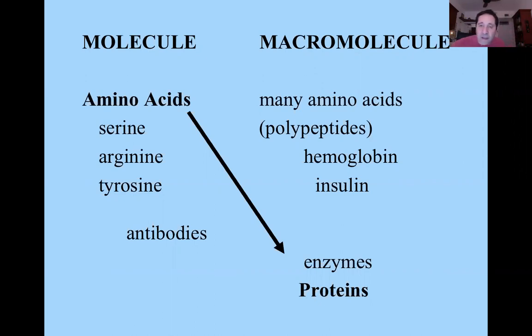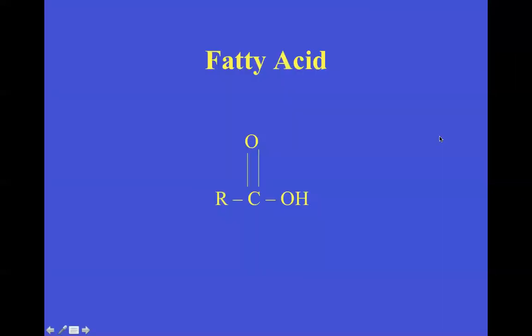Anyway, the next molecule and then macromolecule that we want to talk about is the fatty acid. So we have a molecule now called a fatty acid, and you can see that the structure is a carbon which is double bound to oxygen. There's an R variable group on this side, and there's an OH on this side.